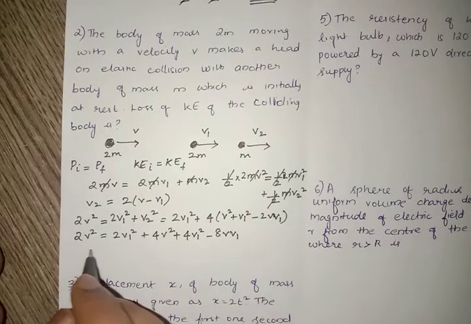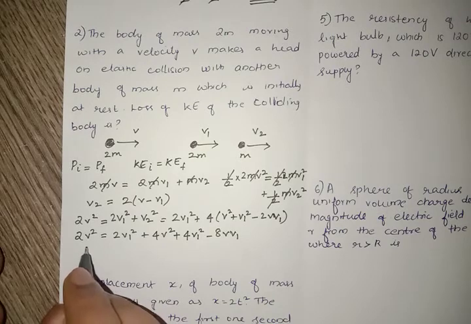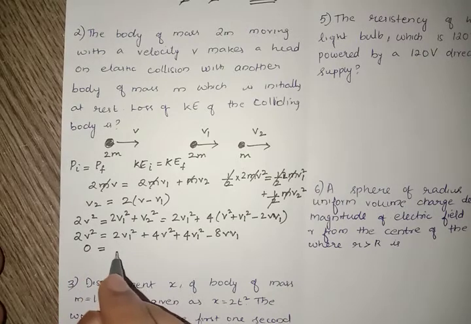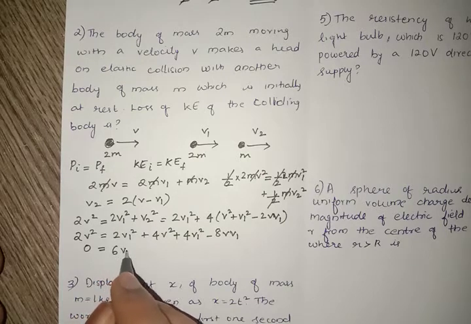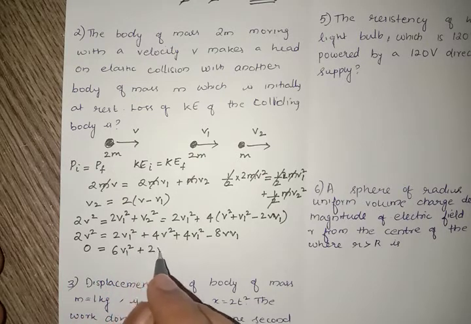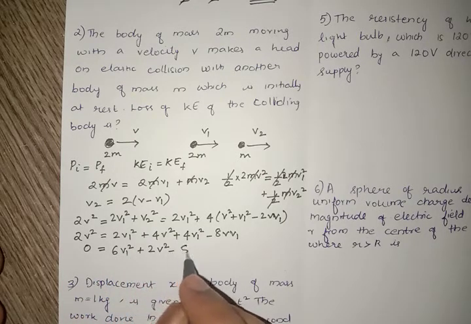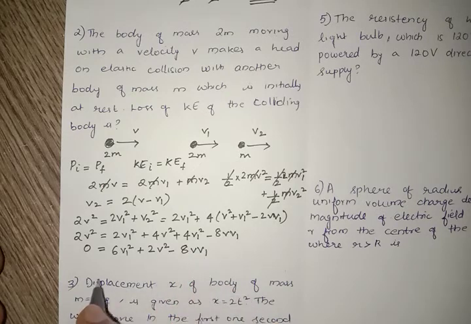Now if we take everything to one side, we get 0 is equal to 6v1 squared plus 2v squared minus 8v v1.